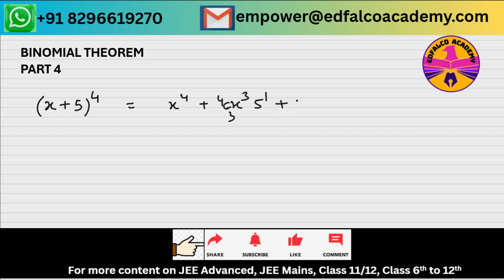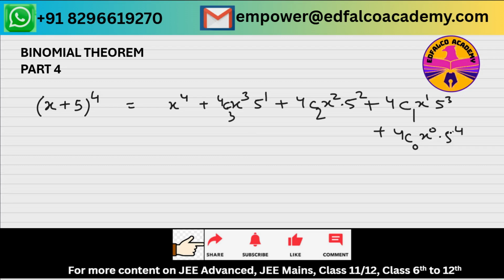Now the next term will be 4C2 x^2 5^2. The next term would be 4C1 x^1 · 5^3, and the last term would be 4C0 x^0 · 5^4. Now you can do the simple calculations. x^4 remains as it is, plus 4C3.